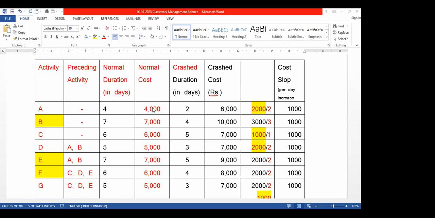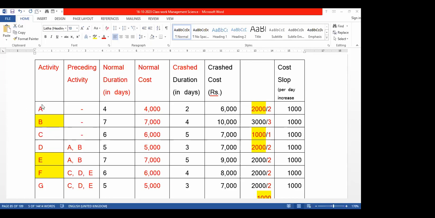You see, it is 4,000 to 6,000. The duration is reduced, because it's directly related to the activities. If you divide by 2 days, then the per day increase is 1,000. So this is the idea behind crashing or reducing the durations.